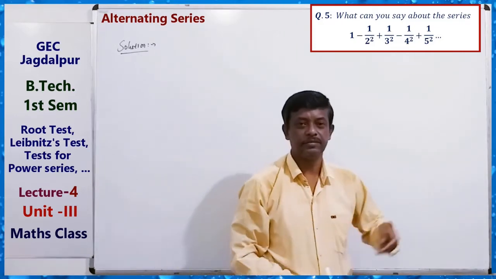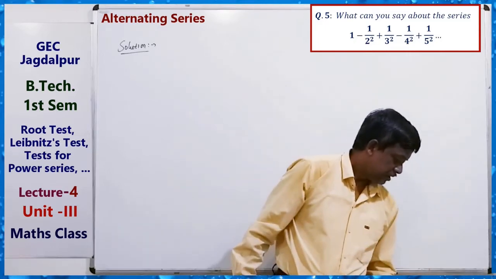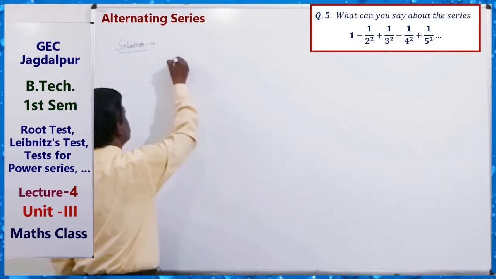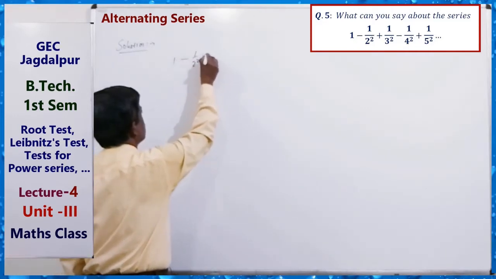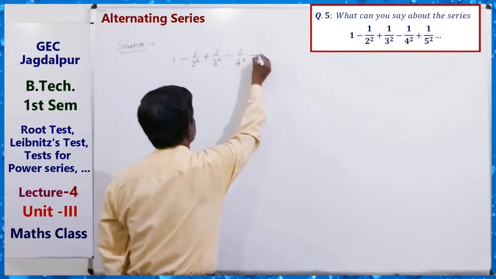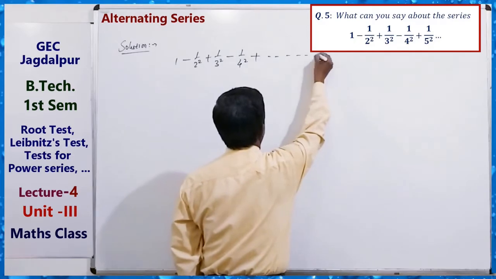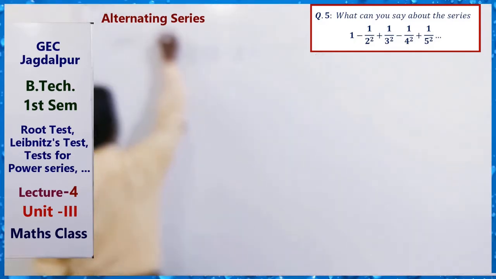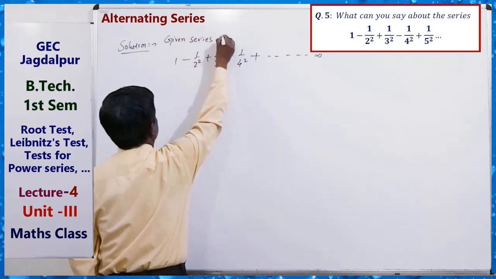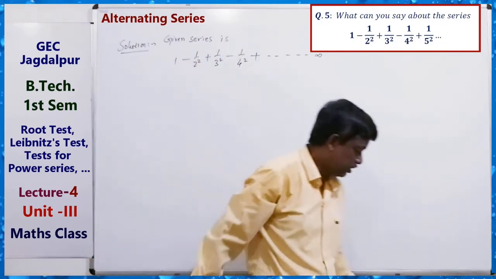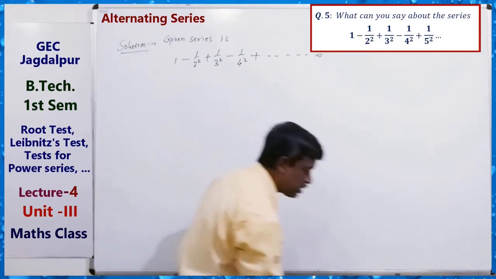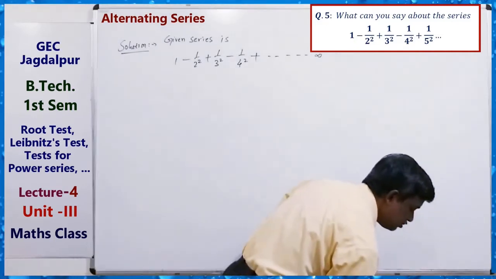Let us take another question. The series is 1 minus 1 by 2 square plus 1 by 3 square minus 1 by 4 square and so on to infinity.